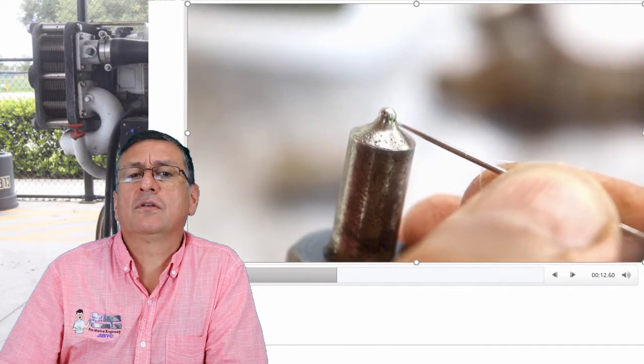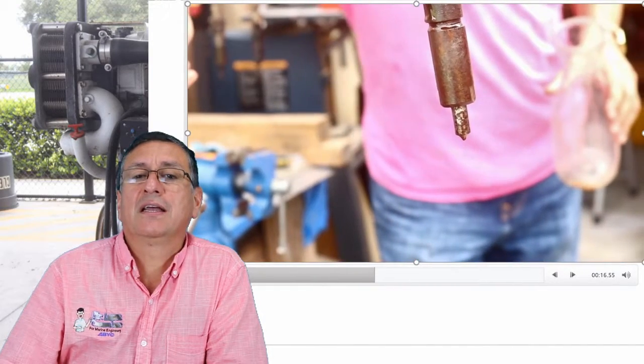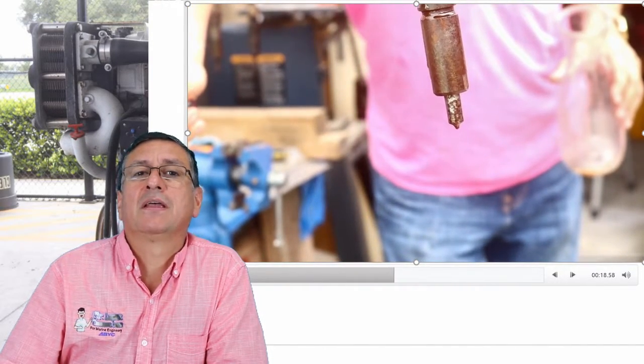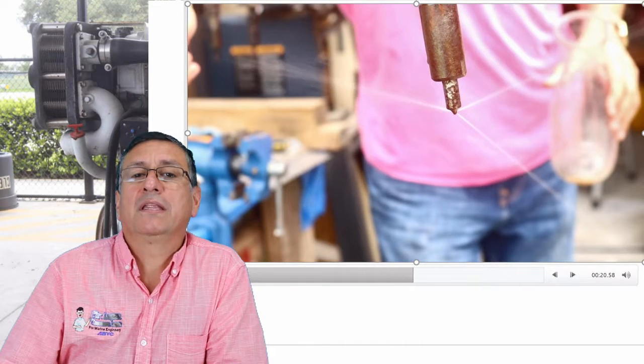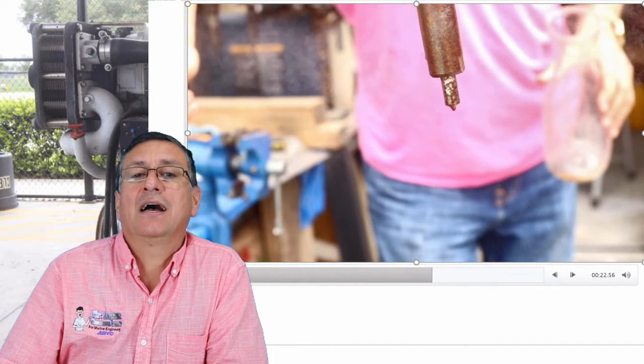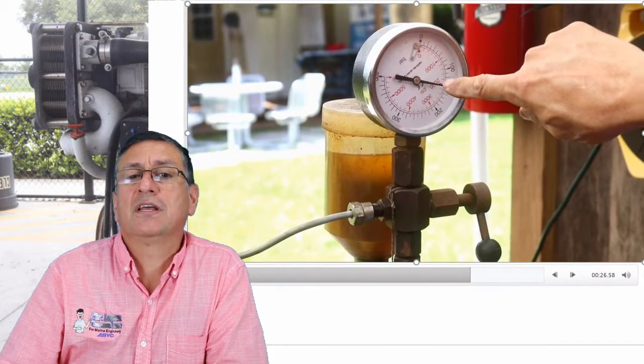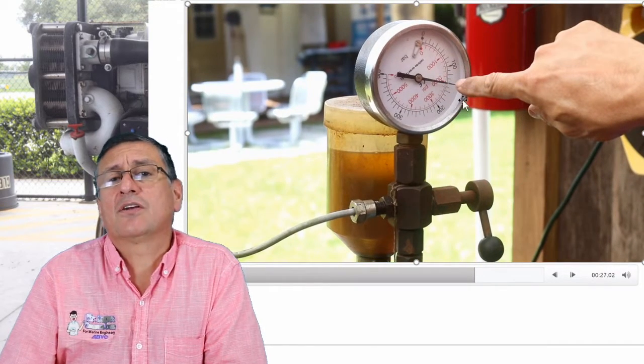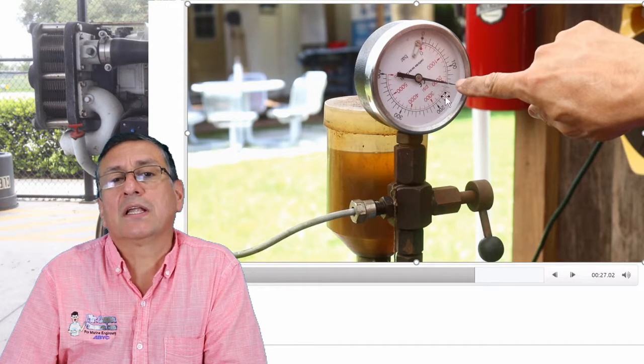Okay, let me check the condition of the nozzle. All right, and now we are going to check exactly. This is the pattern when the injector is clean, and this is the proper operation, and this is the pressure. This injector in particular opens at 1000, 2000, the red scale.